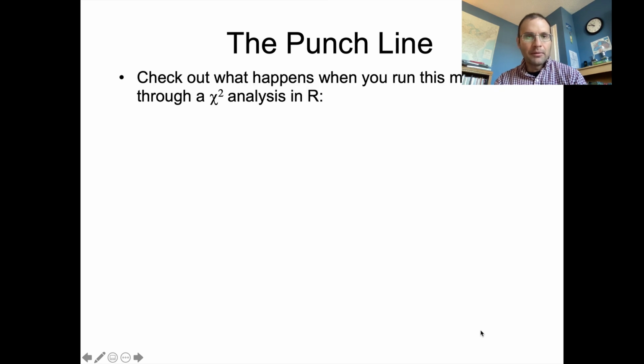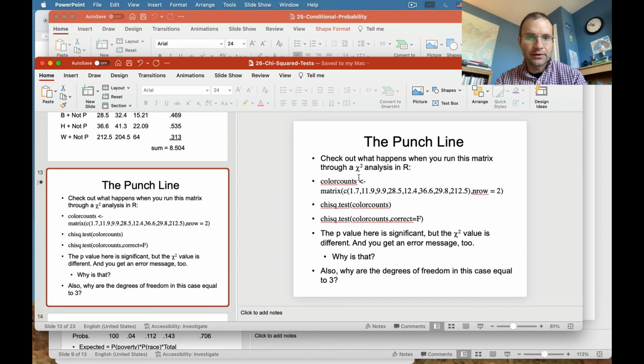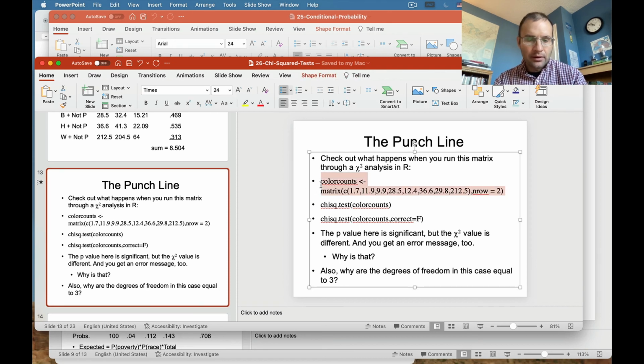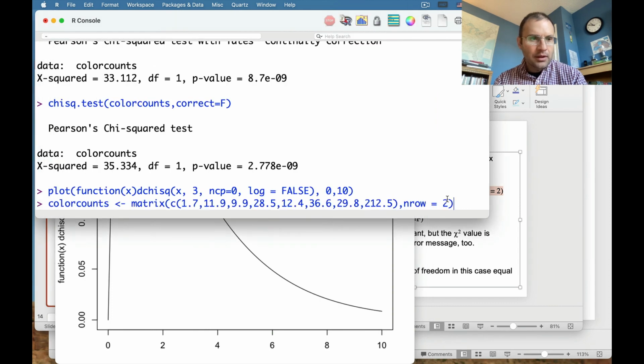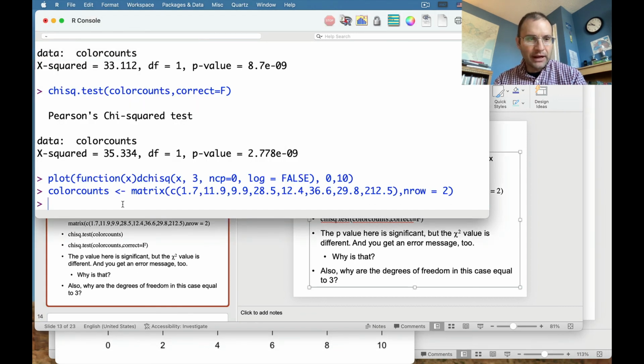So when you run this matrix through a chi-squared analysis in R, I'll show you how to do it. It gets a little funny for an important reason. This is exactly what we did before. We just put everything in a big matrix called, in this case, color counts, and specified that it has 2 rows.